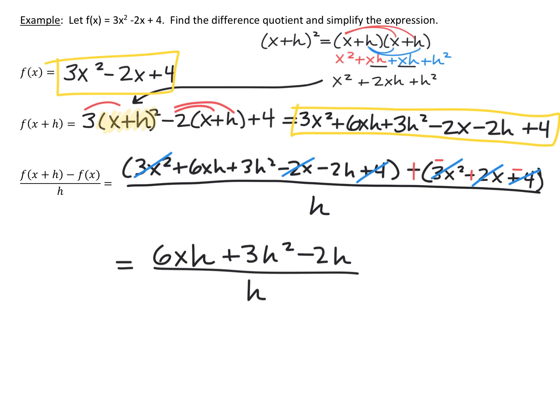Yeah, you could take out a GCF from the top if you want to do it like that. They all divide by h. So you could bring out the h in front and then cancel, or you can just know that the h's cancel out one h from each term. So it would become 6x plus 3h minus 2. And that is your final answer, which was awesome.